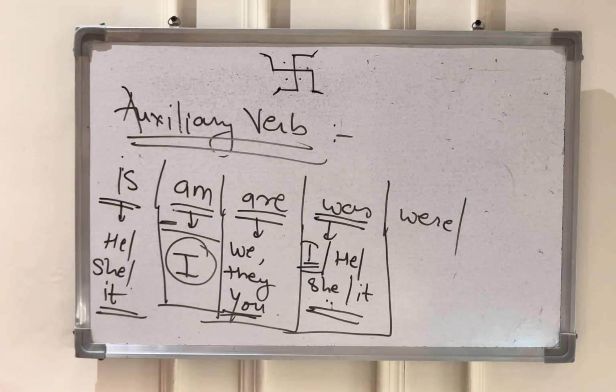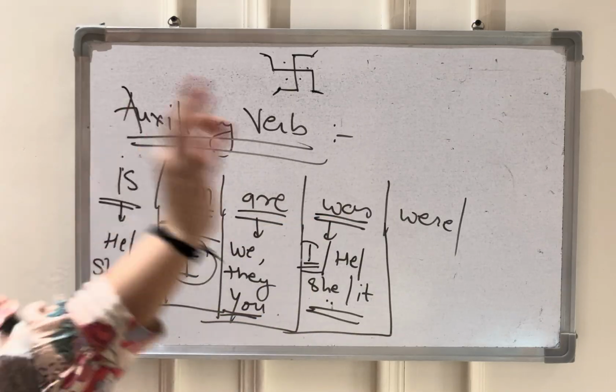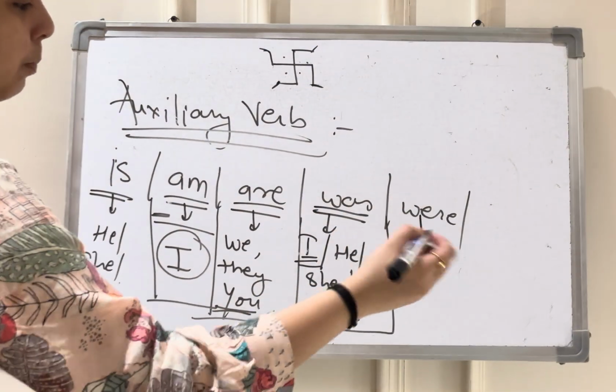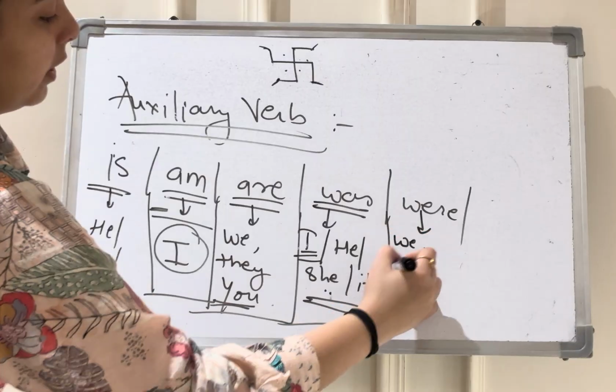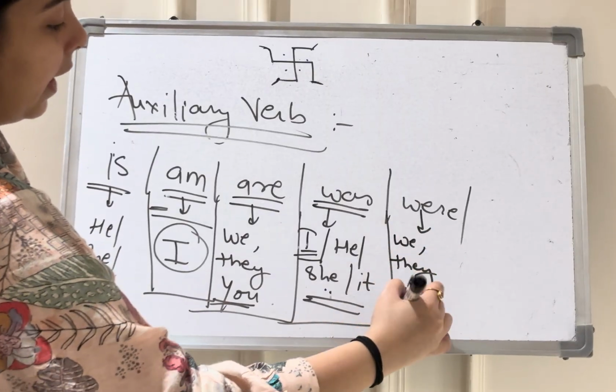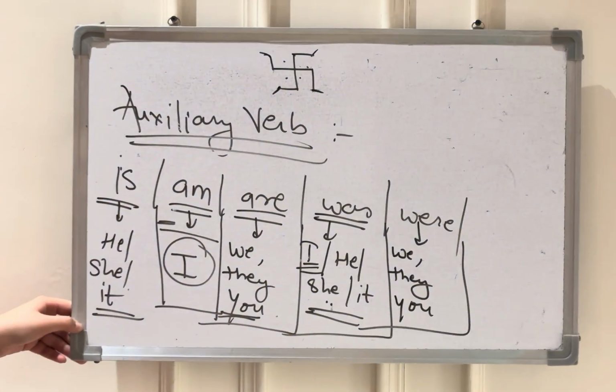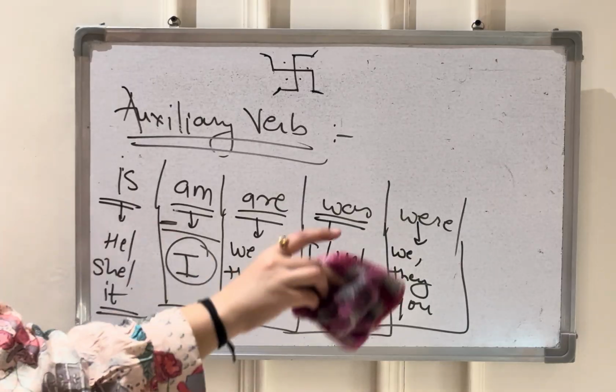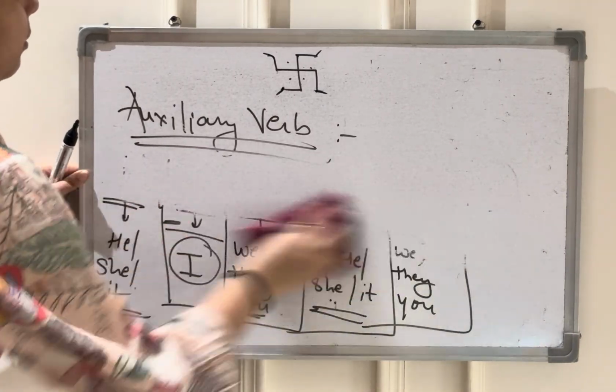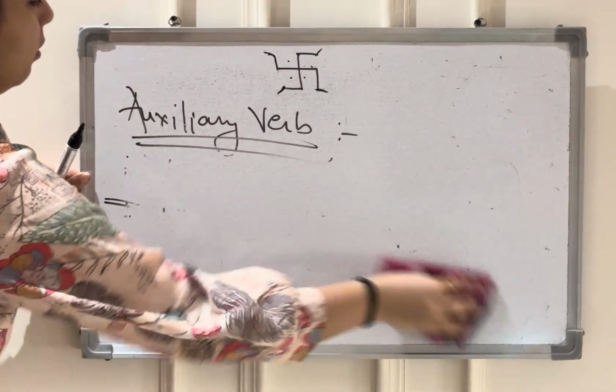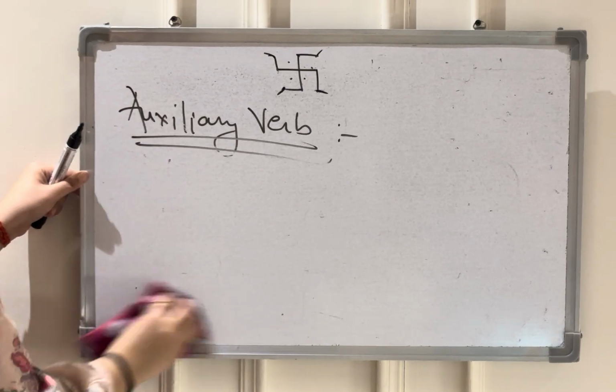The past version of Komal will not get a lot of respect. That is why I will be used with was, singular. Were, all plurals, which are we, they, and you. If you have any question regarding this, please write me anything in the comment section and I will reply back to you.